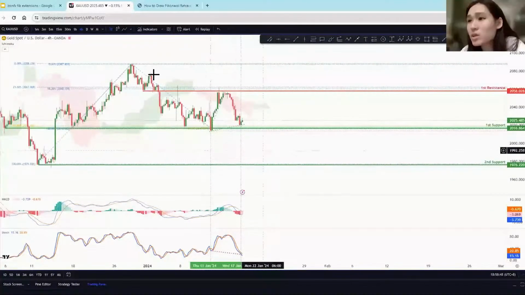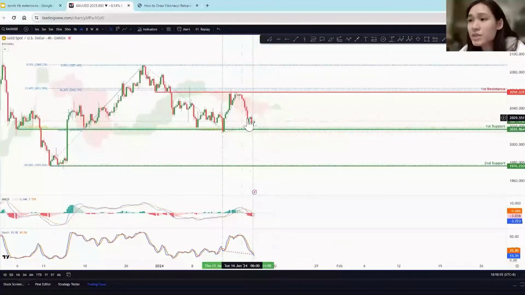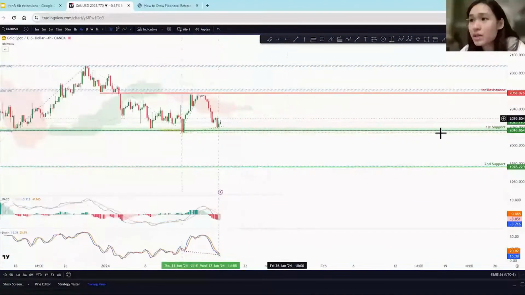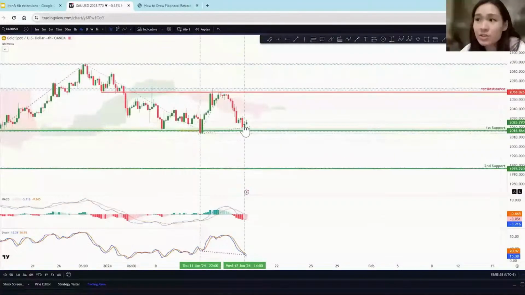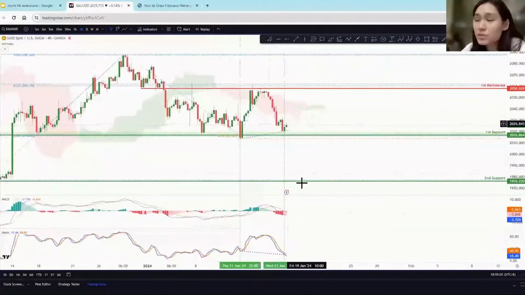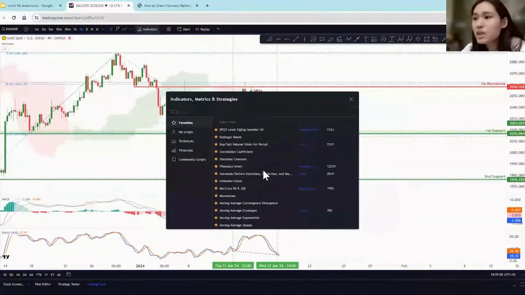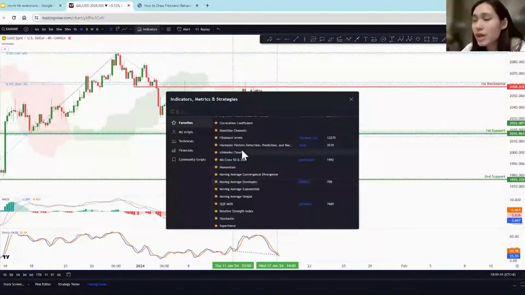But we'll have to see because this is a pretty significant level here, so you might see a bit of a jump. If I zoom in, you can see price already increasing here. But ultimately, because of all the downward pressure, we might see it continue to drop below the first support. Maybe let's look at moving averages as well.